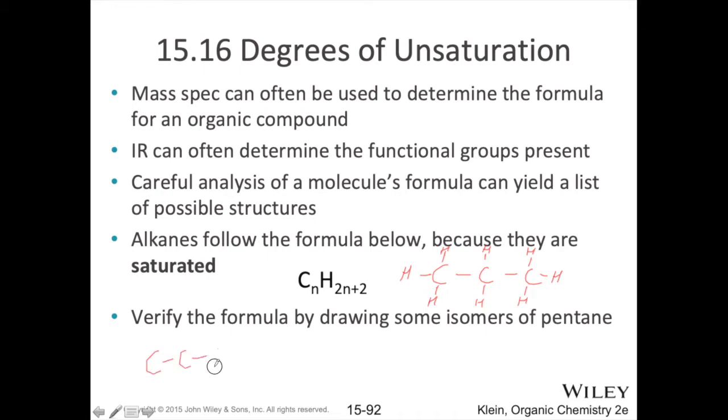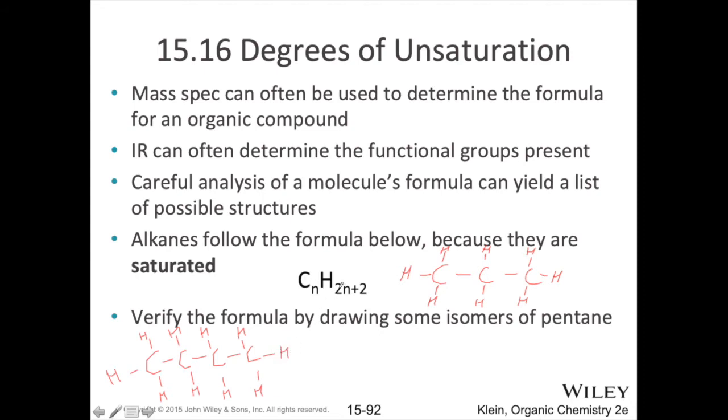So if I have 4 carbons, a regular butane, and I add in each of these bonds, I've got 4 of those CH2 units. Really, my internal ones are CH2s, but my 2 terminal ones at the end are CH2s plus the 2 extra hydrogens.